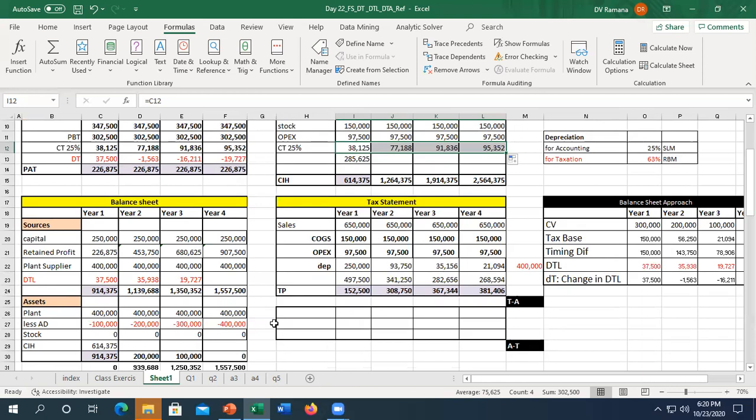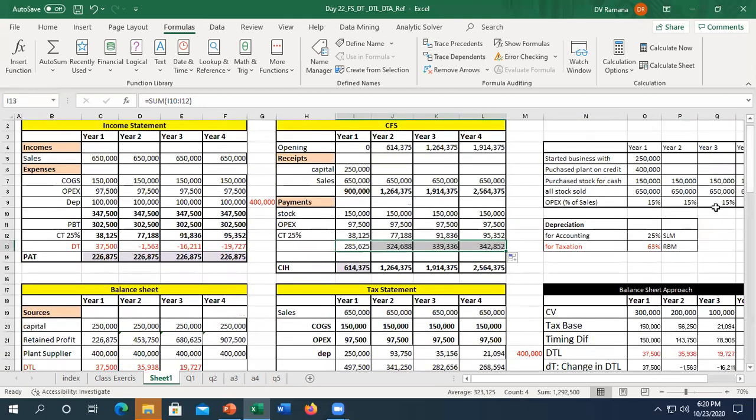So by the end of the 4th year, the carrying cost is equal to 0. As we have already seen, the stock has been 0 throughout because whatever we purchase is sold off. But cash in hand is there throughout, right? So the cash in hand will be equal to cash available minus the cash payments.